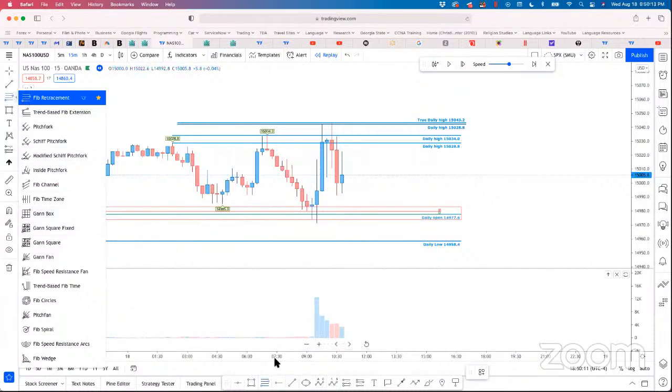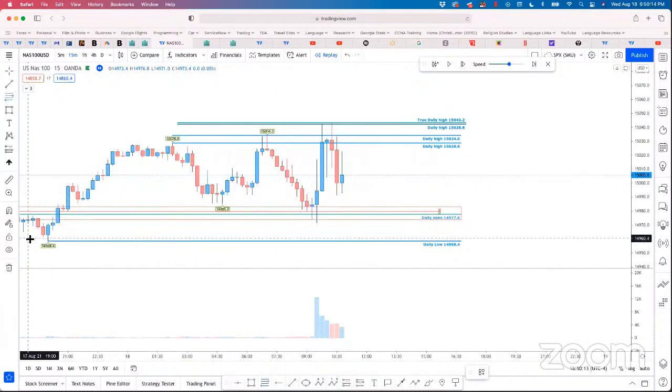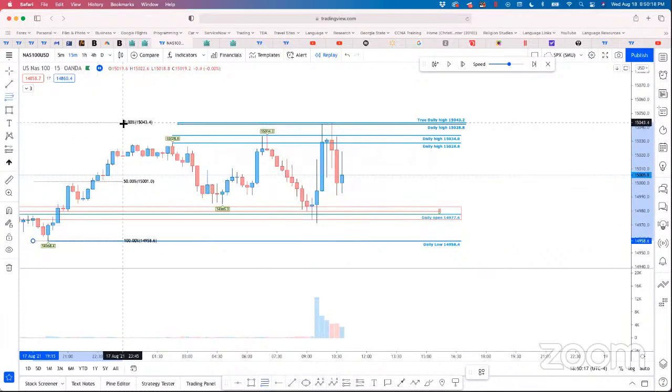This is a new concept some of y'all might not have heard me talk about. You have three main areas when you're looking at your daily range: you have your low, your high, and then your medium, right?